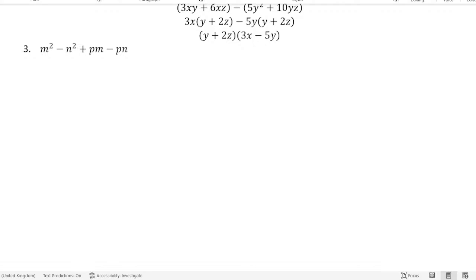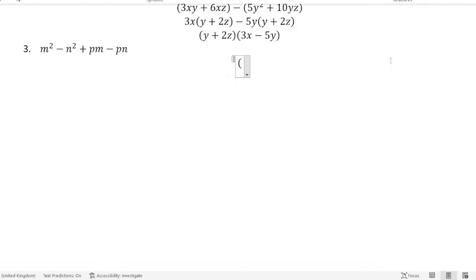So let me do the corrections here. We have m squared minus n squared plus pm minus pn. We have to group them together first, put them inside brackets so that you don't get confused.